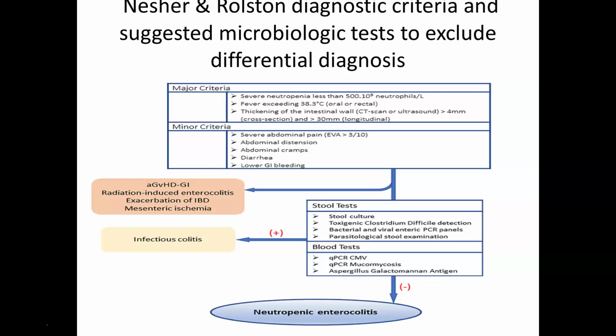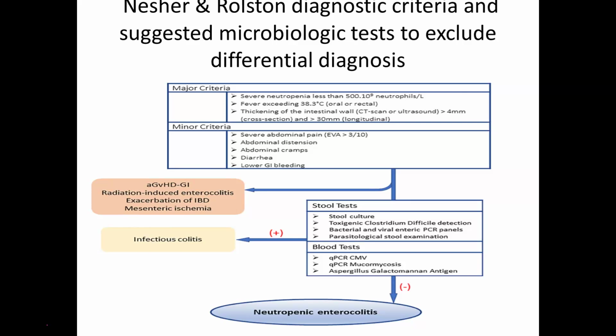In those undergoing transplant, especially with acute GVHD of the GI tract, it can sometimes be confusing to differentiate from neutropenic enterocolitis. There are some reports that NE can occur mainly before engraftment, and after engraftment acute GI GVHD is more likely.